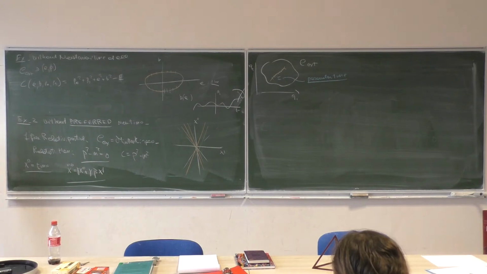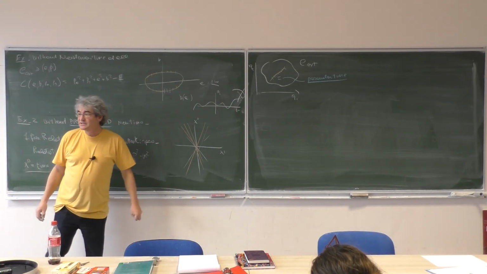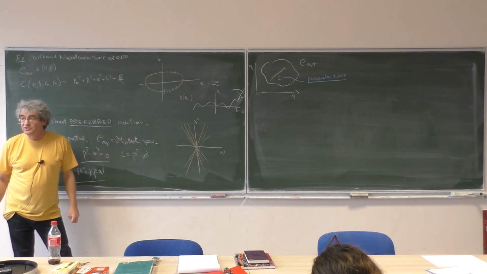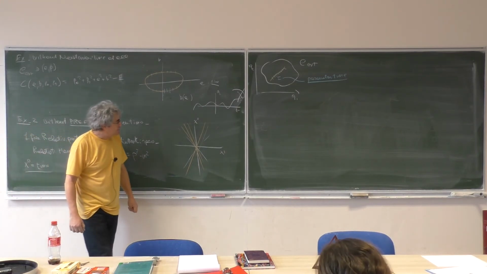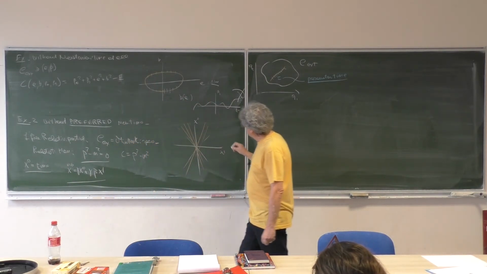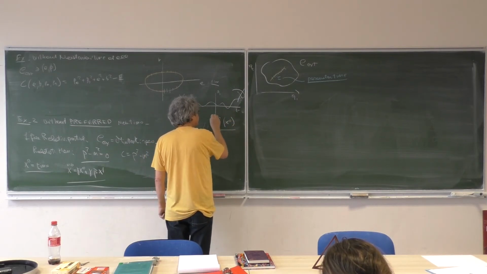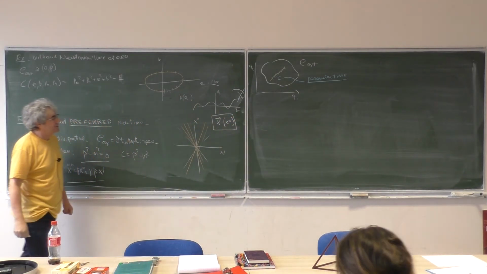And of course, we are used to this because we learn to play this game in special relativity classes all the time. In special relativity, if you have a particle moving, the motion of the particle is given by the position as a function of x0. This is where the physics is.